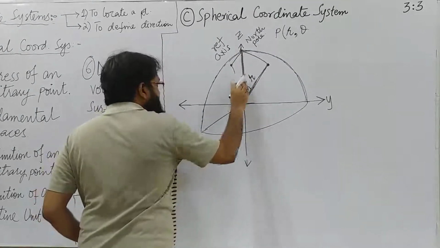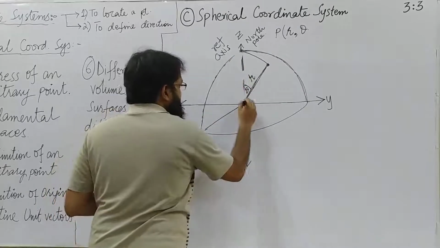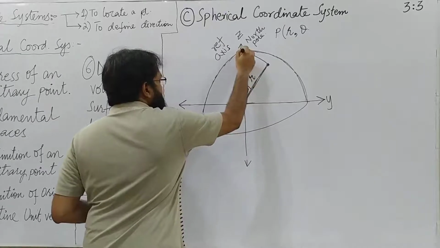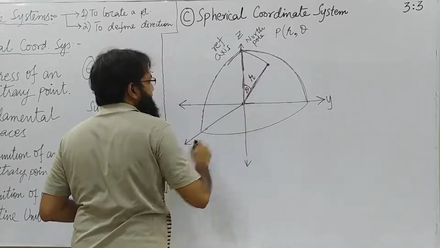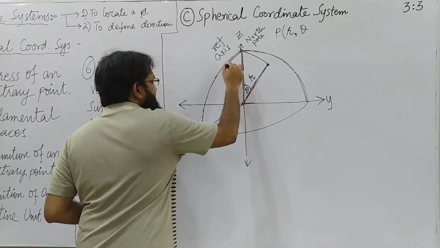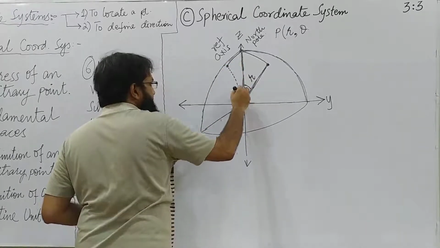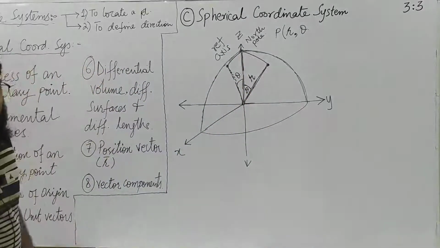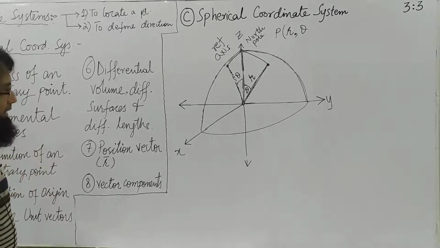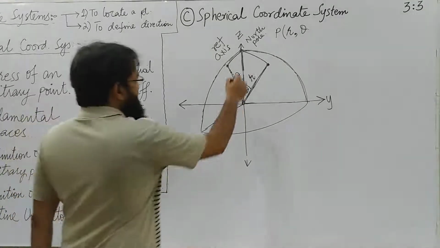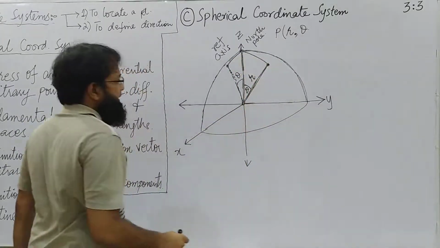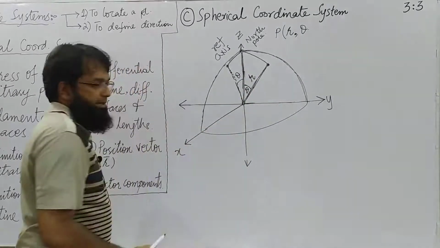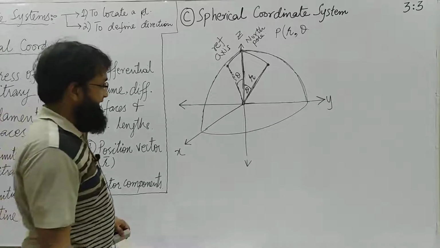Okay, let me redraw it. Someone might have moved from here in this direction, and when you realize that now I am making an angle theta, I should have reached you, but that is not the case. Why? Because from here there are several lines which make angle theta with respect to the z axis.